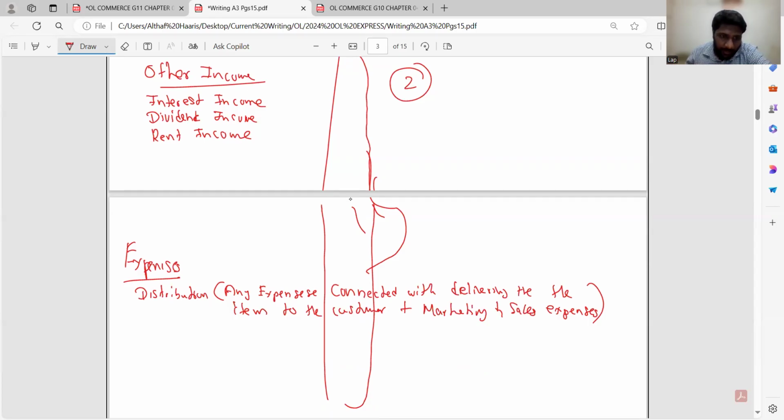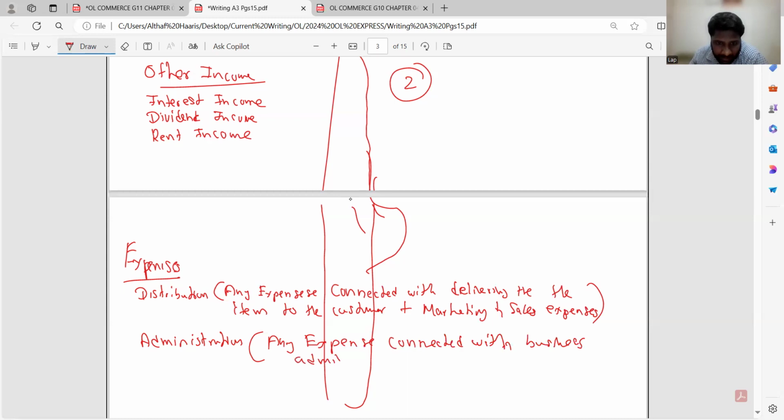Next one, people, there is something called admin expenses, or administration, or we can easily say admin expenses. Any expense connected with business administration.